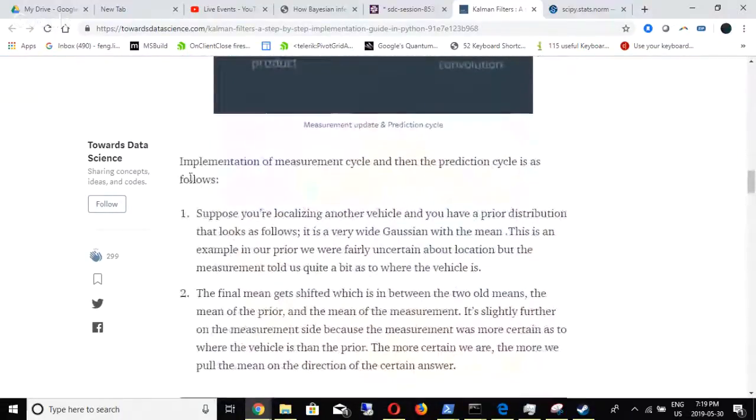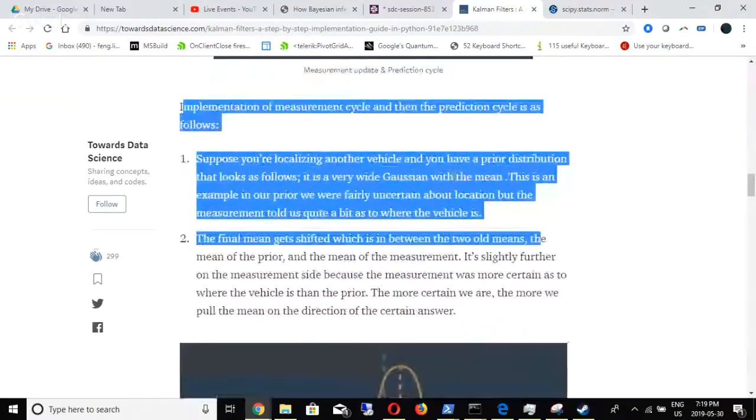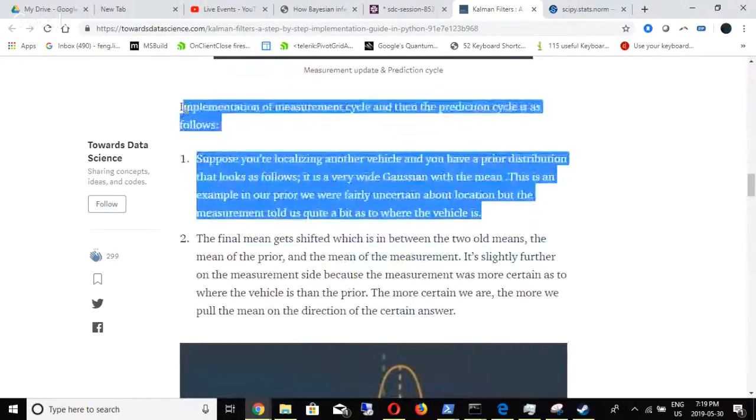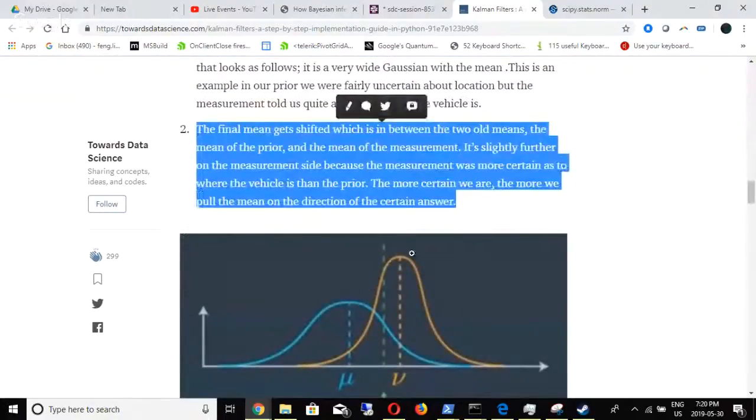Now let's move ahead. Here's some prior distribution, a Gaussian, and then when you do a measurement, generally your measurement will be more certain. What happens here?